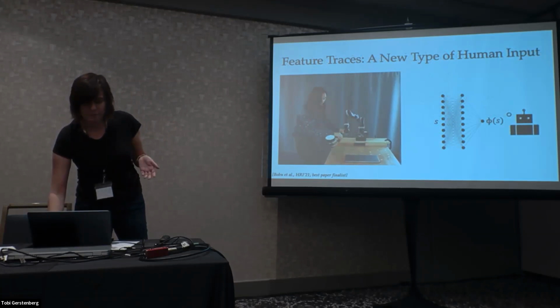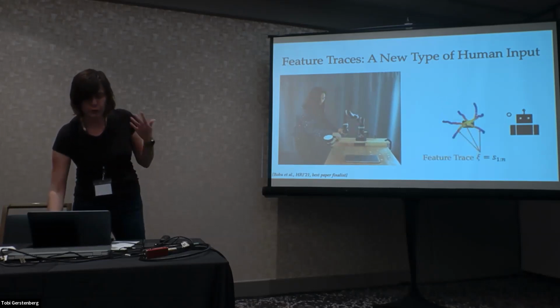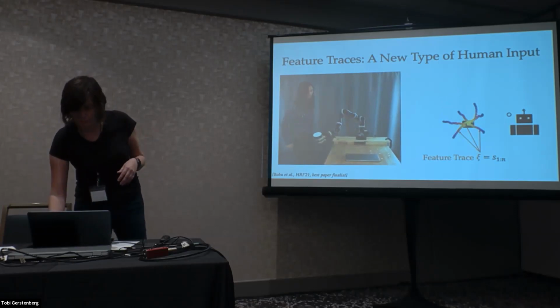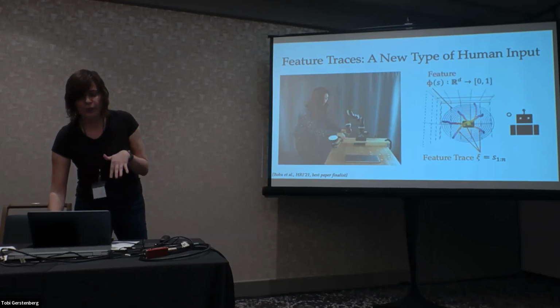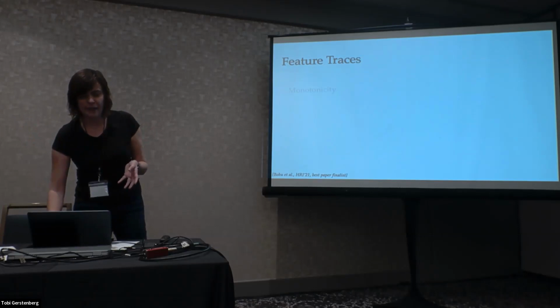When people want to teach the robot such a concept, they do a few of these. I'm going to share a little bit with you, if I have time, about what set people come up with, and I found it very interesting. Then we train a neural network on that data, using the monotonicity assumption we make.